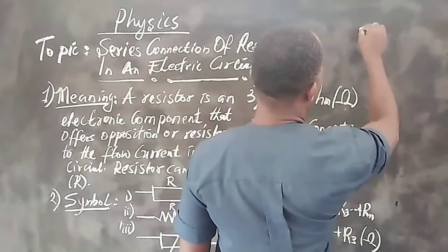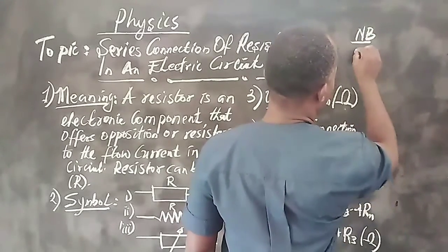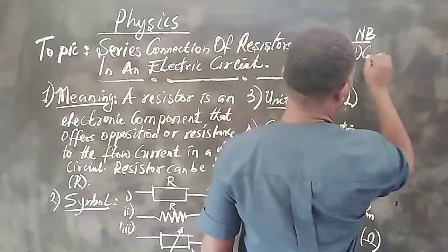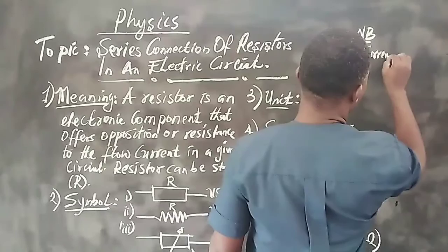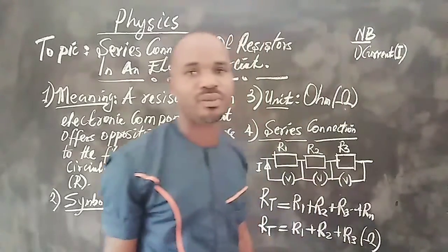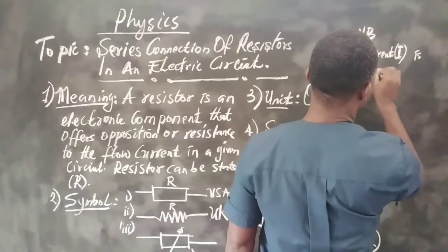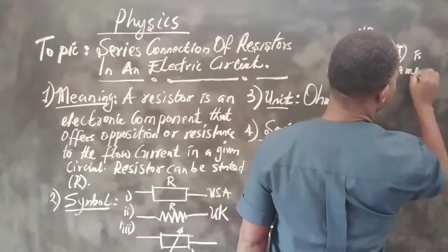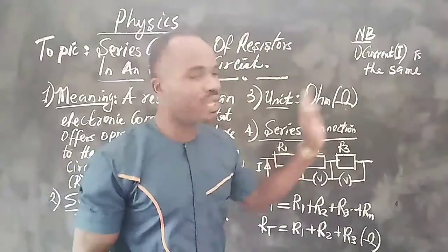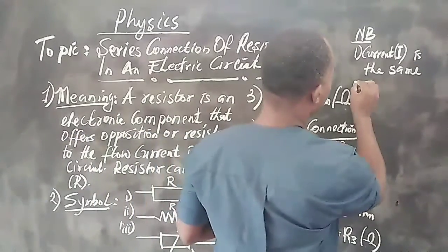One is that the current I is the same. The current flowing is the same. It doesn't change.